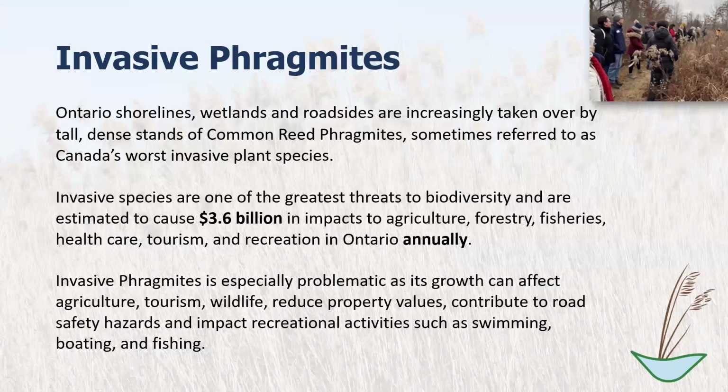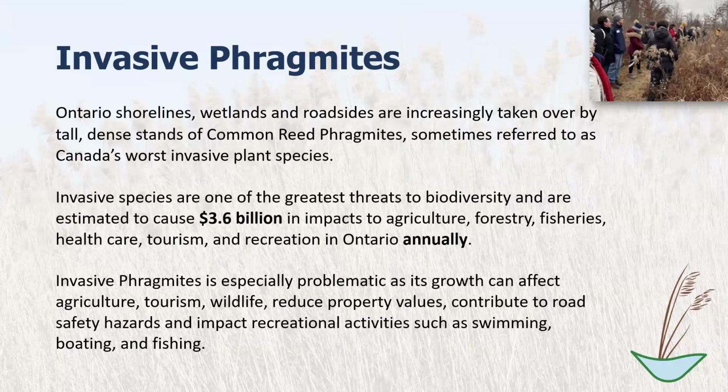So first, some background on invasive Phragmites. A lot of us are likely already aware, but Ontario shorelines, wetlands, and roadsides are increasingly being taken over by tall, dense stands of common reed Phragmites, sometimes referred to as Canada's worst invasive plant species.